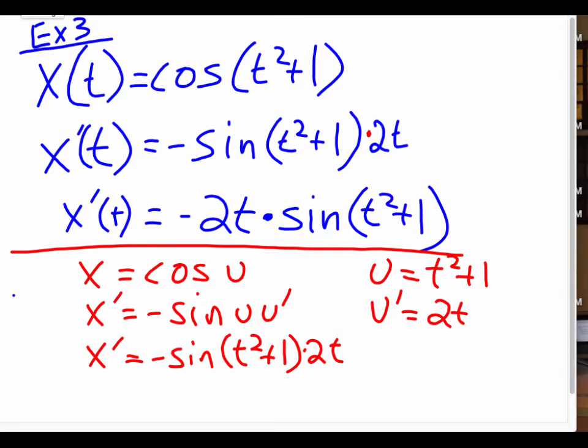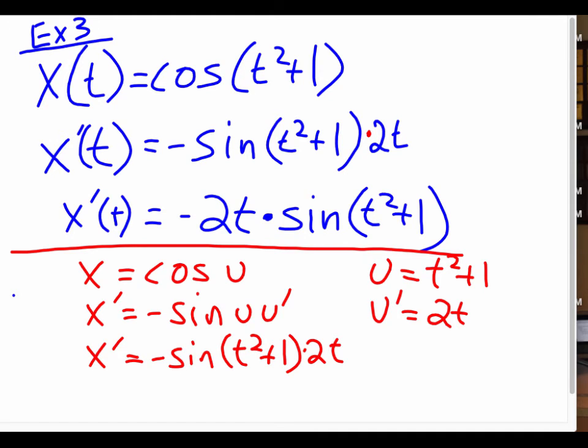This notation, the prime notation, is a little more common when you do the chain rule, because it's less stuff for you to write down. So you're just multiplying. When you have x prime, that's the negative sine of u, and then you're just tacking on u prime.